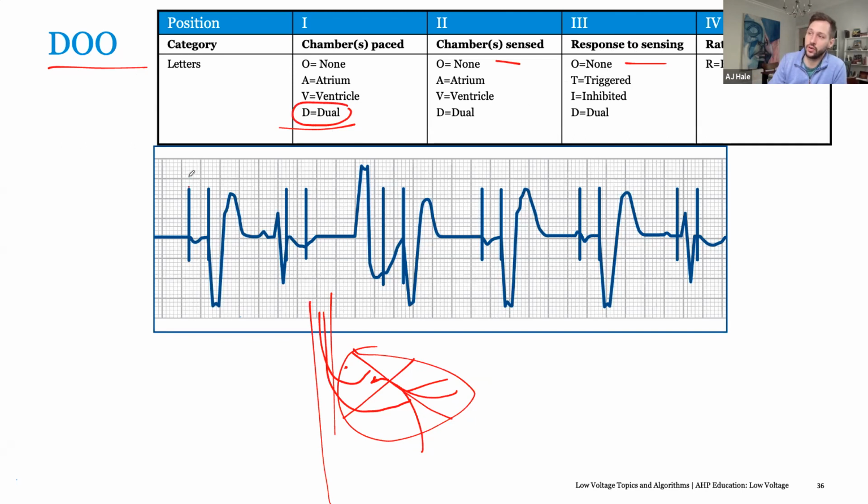In this case, we're set at 60 beats a minute. So our atrial timer is right here, and our ventricular timer is right here. I'll mark it negatively so we can see the difference. Our atrial timer starts, waits 1,000 milliseconds for something to occur, and then it'll pace.